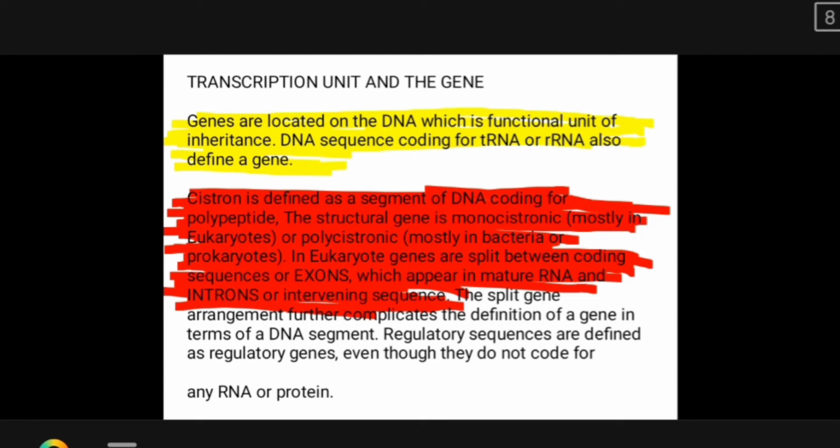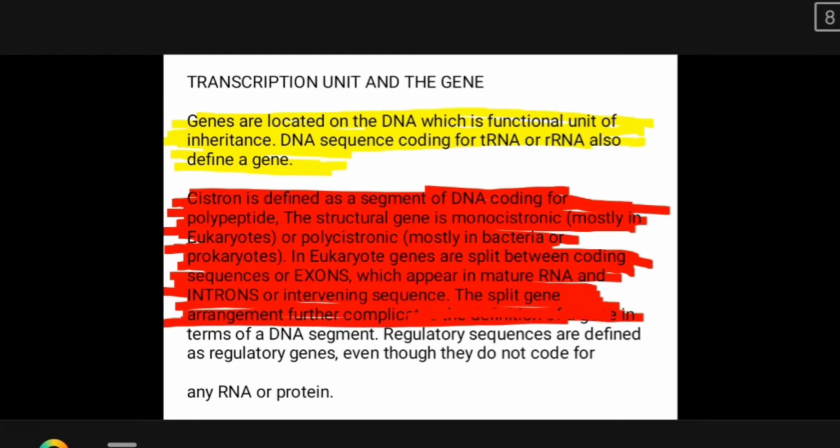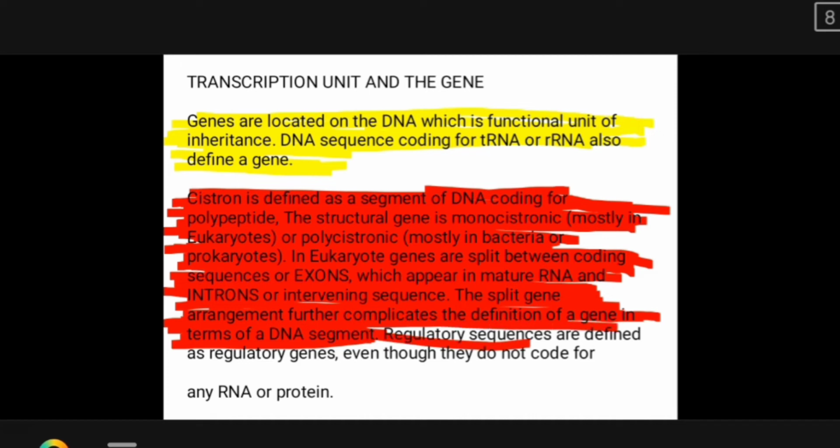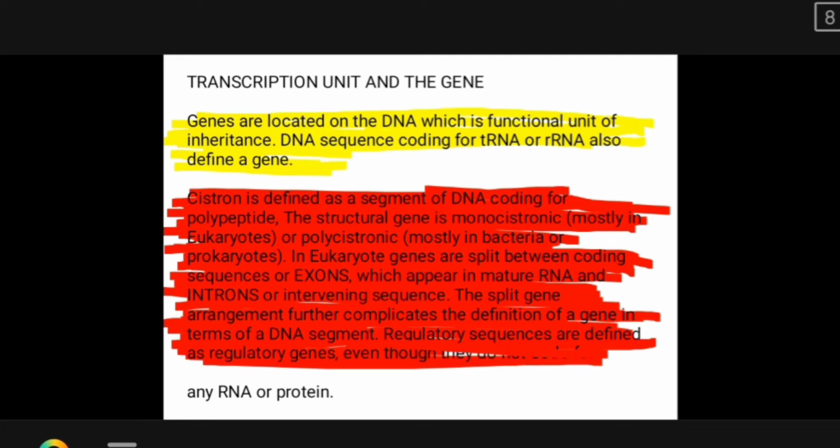The split gene arrangement further complicates the definition of a gene in terms of a DNA segment. Actually, a gene is nothing but a functional unit of inheritance, and the regulatory sequences are defined as regulatory genes, even though they do not code for any RNA or protein. Just like the coding strand, it is a misnomer.